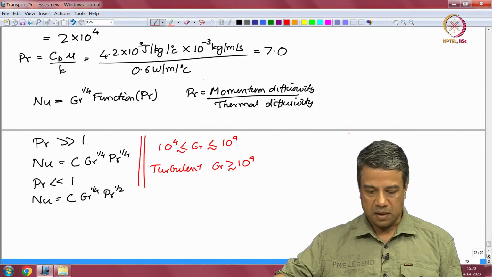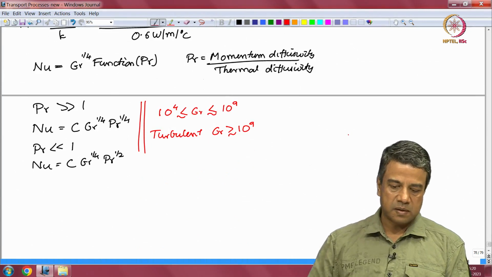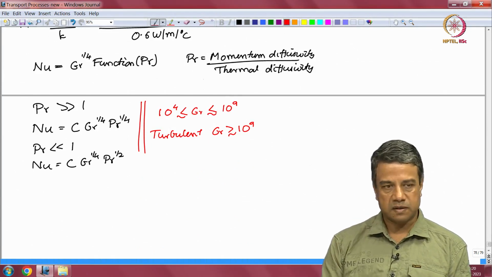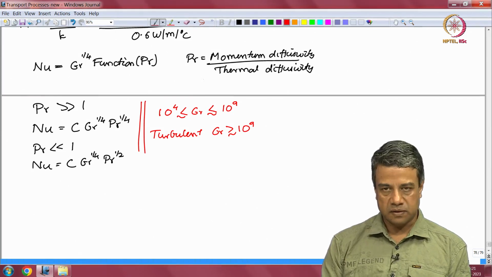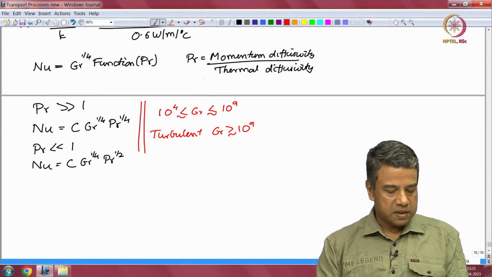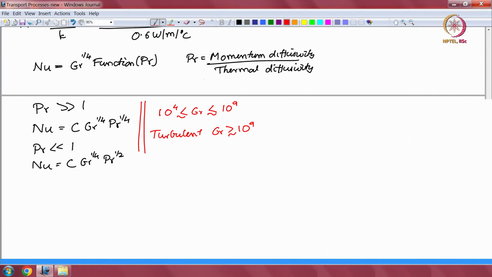Okay. And based upon that, the correlations are Nusselt number is Grashof power 1/4 times some function of Prandtl number, and I had given you specific forms in the specific regimes. So, we will complete our discussion of natural convection, and I will start discussing diffusion and dispersion in the next lecture. I will see you then.